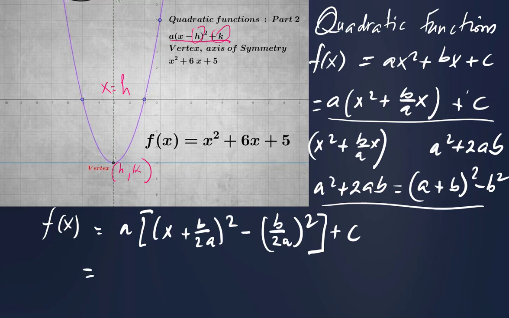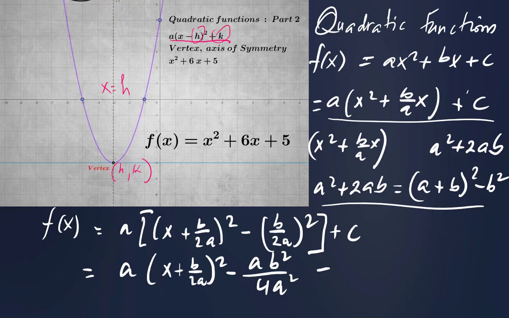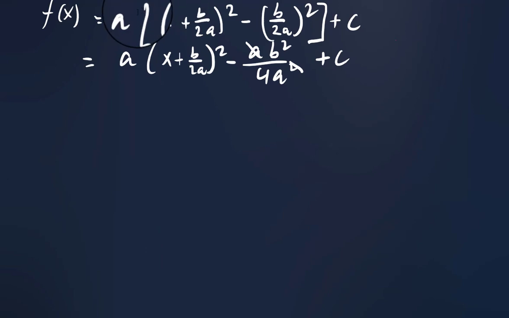That gives a factoring (x plus b over 2a) squared minus a times b squared over 4a squared, then plus c, correct? Let's simplify here, and then we get another form.